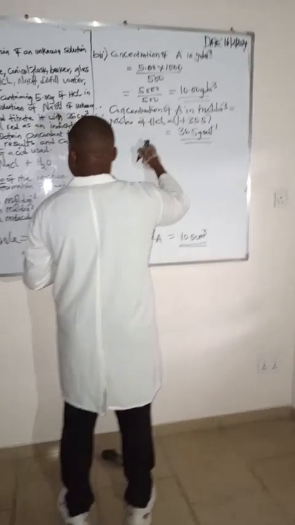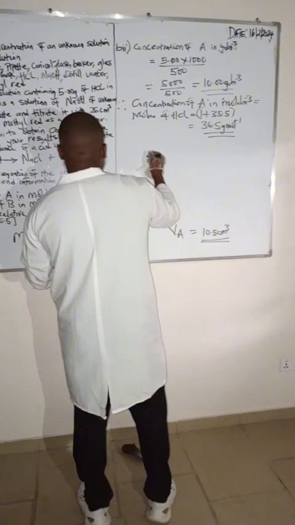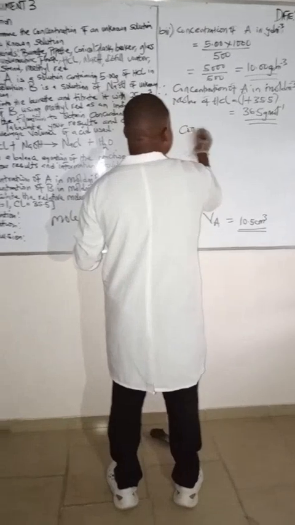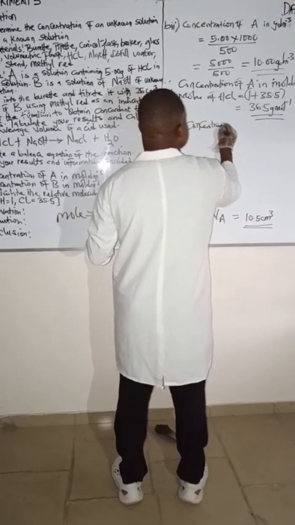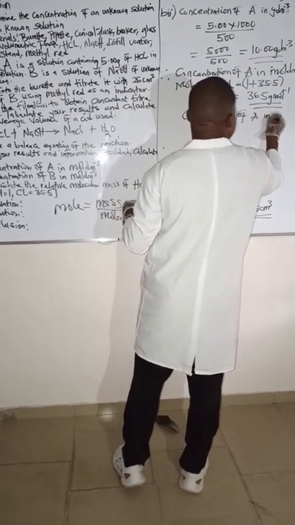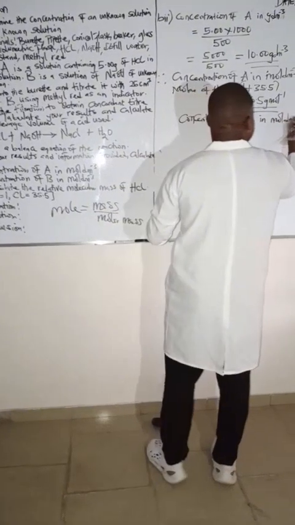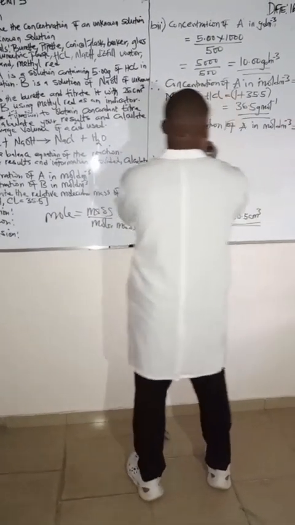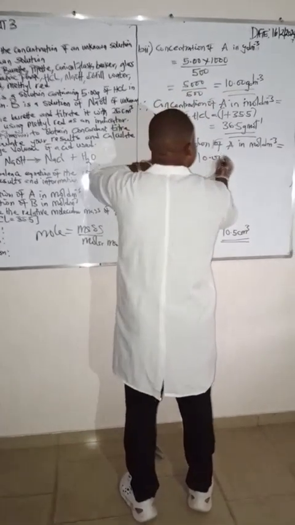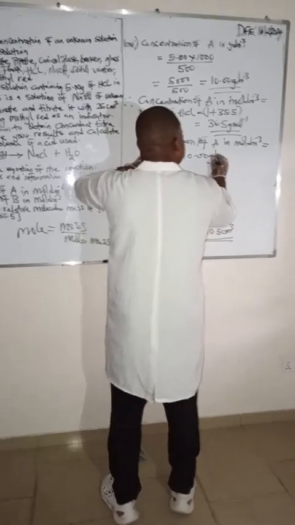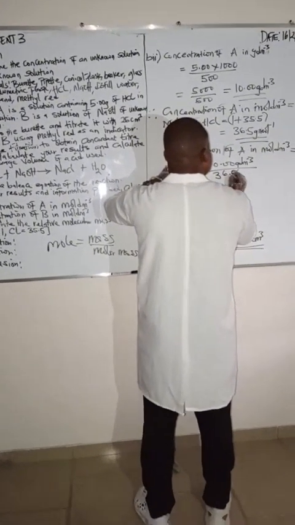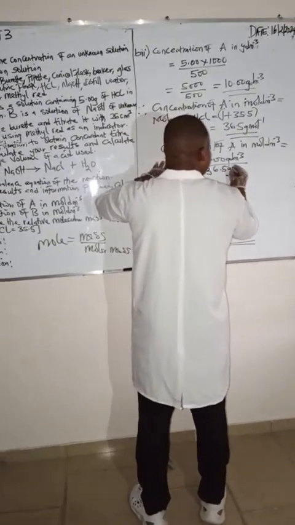The next thing I'm going to do, we will now introduce our formula. Are you following? We say the concentration of A in mole per dm cube will be equal to 10.00 gram per dm cube divided by 36.5 gram per mole.